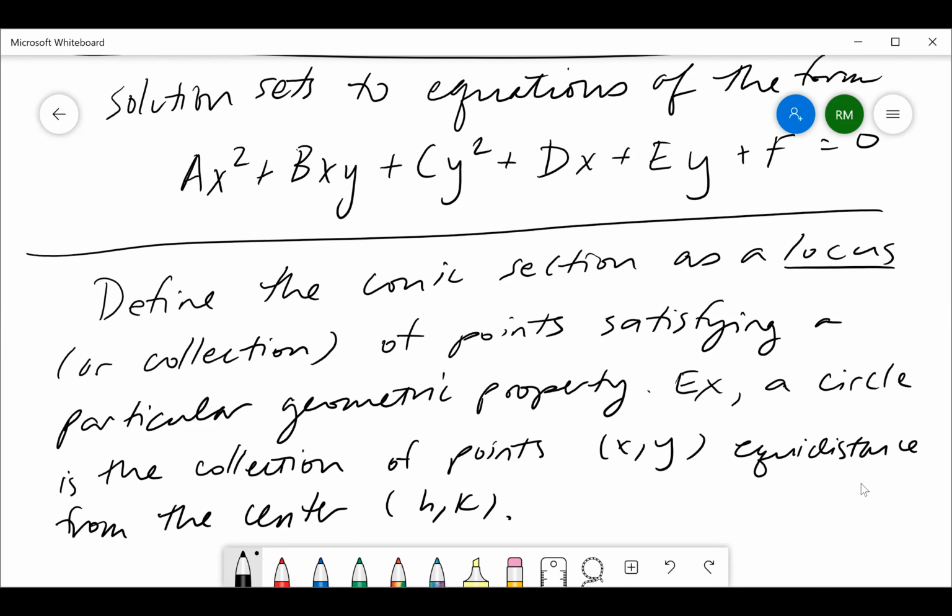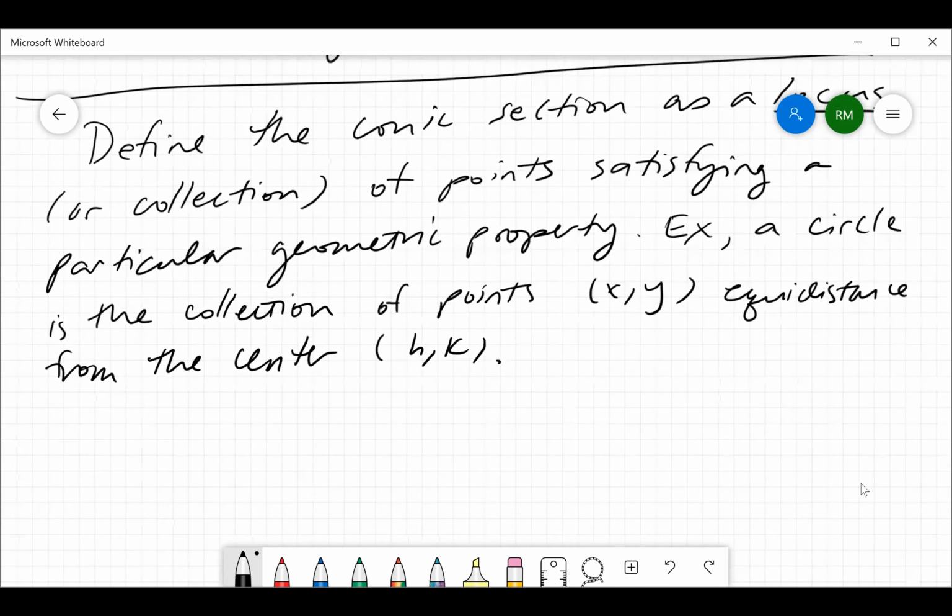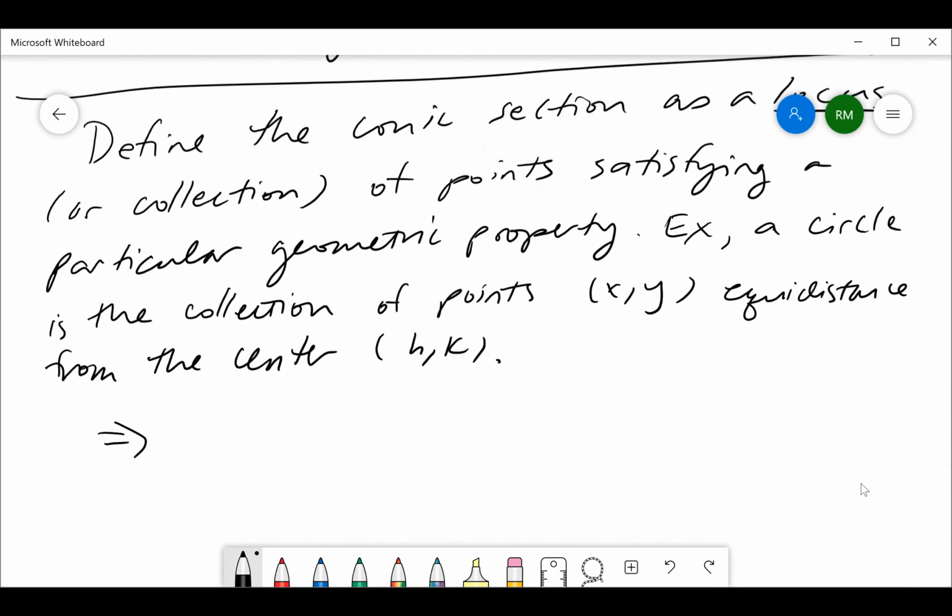And from this, you get the generic equation, or the standard equation of the circle, which is h minus x squared plus y minus k squared equals r squared, where r is the radius.